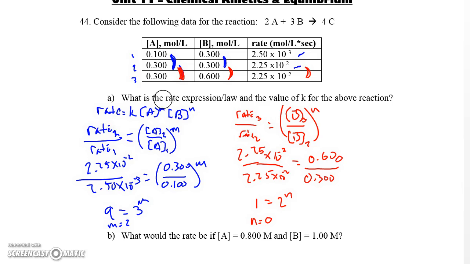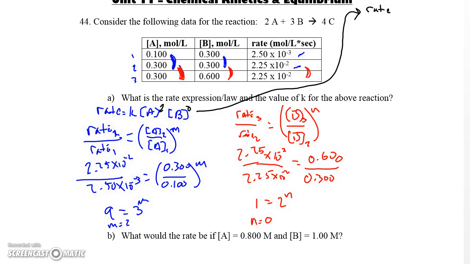So we can erase those exponents and put some real numbers in there. I've got a 2 there and I've got a 0 there. So now I want to find the value for k. I'm going to bring this rate expression up here just for some room.